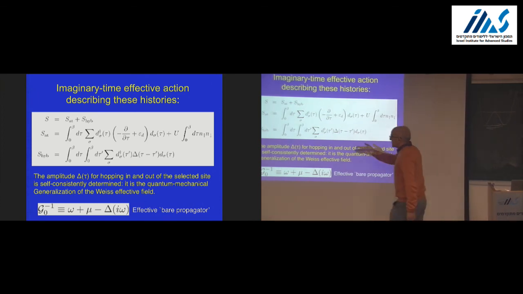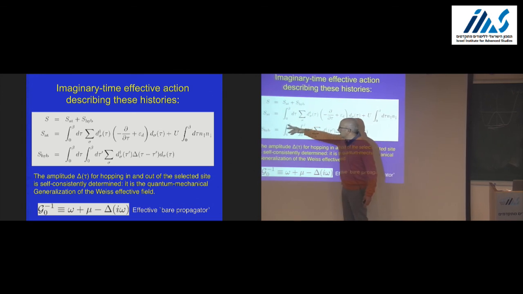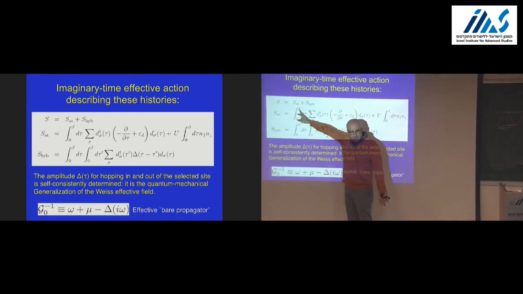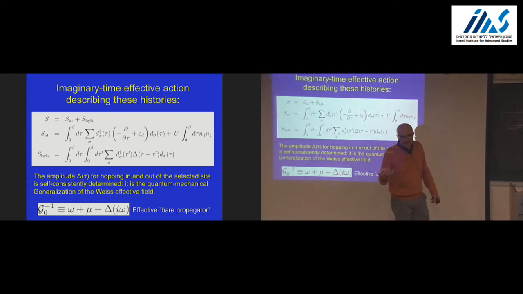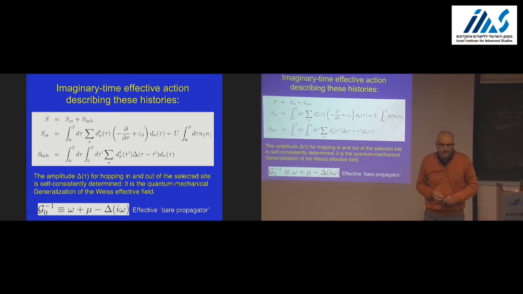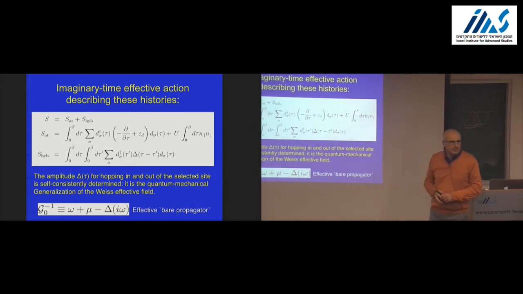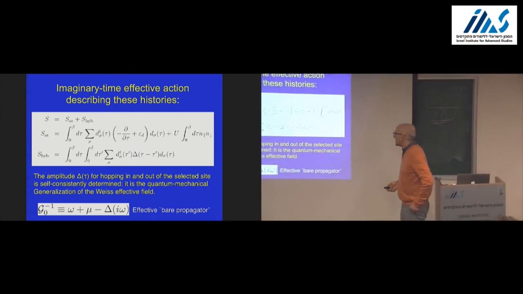So tau is time, and actually here imaginary time, and it's integrated from 0 to beta, which is 1 over kBT. So this is the standard quantization of a quantum problem by introducing an imaginary time, right? More questions?